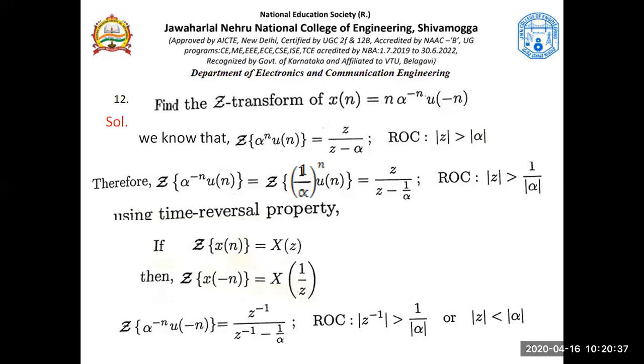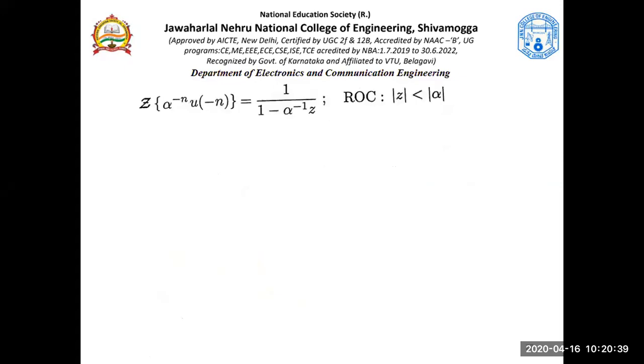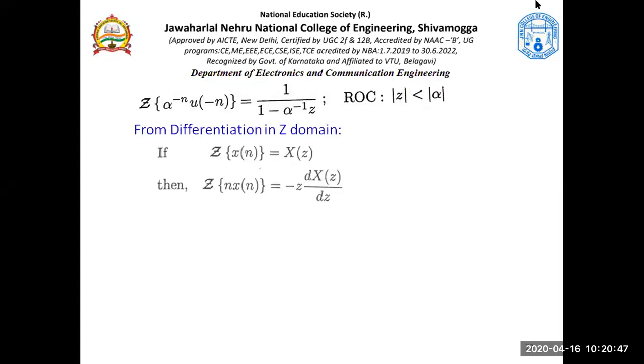Okay, so that property is this. From the differentiation property, we can see that if you have x of n, it is X of z. If you have n x of n, it is minus z times the differentiation of X of z with respect to z.